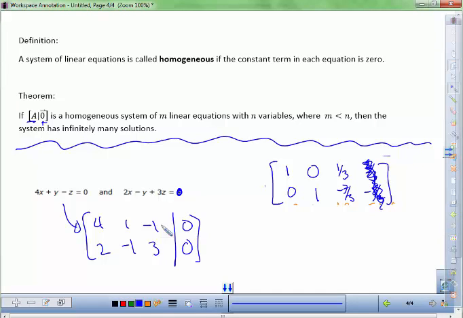And then according to this theorem, if you have m linear equations with n variables, if you have more variables than equations, then you're guaranteed to have a solution. In fact, you'll have infinitely many solutions.